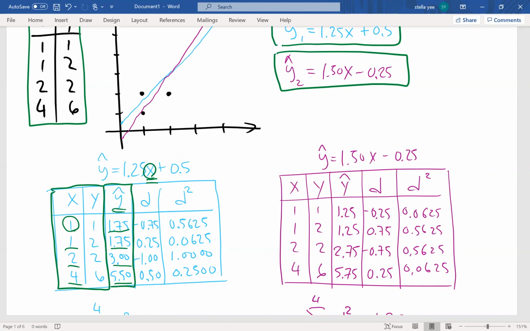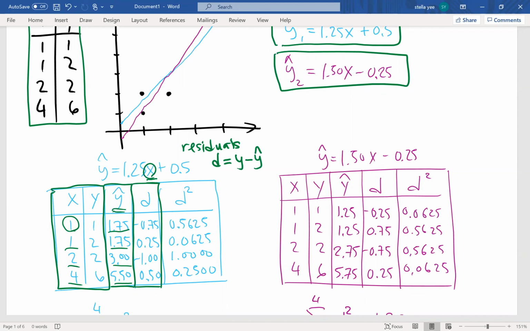The next column, D, this is what's called the residuals. So that is the error. So the actual y value minus the approximate y value.